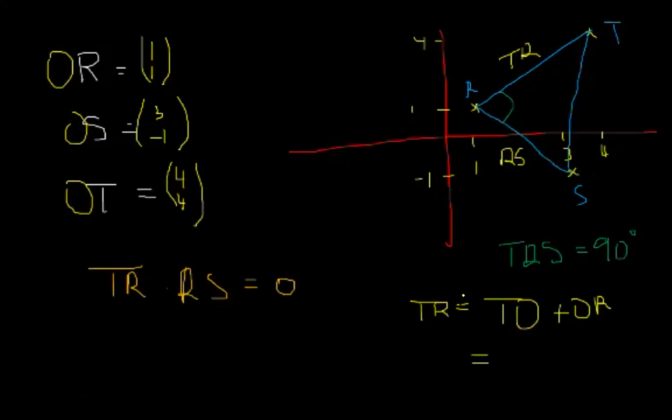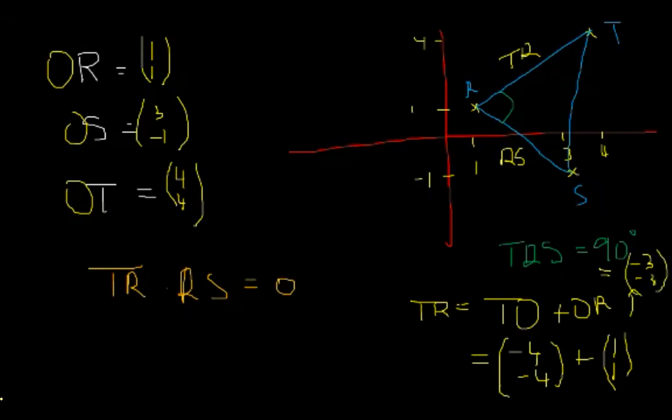Oh yes, miss. I was confused because that R looks like an A. Anyways, so TO is minus OT. I hope you remember that. So that would be minus 4, 4 plus OR, which is 1, 1. I add these two vectors and I will get minus 4 plus 1, that's minus 3, and then the same thing below, minus 3.